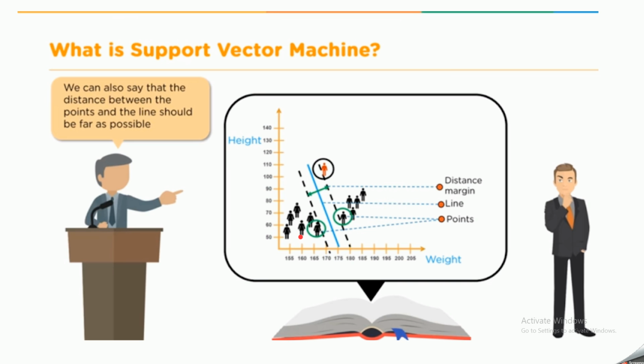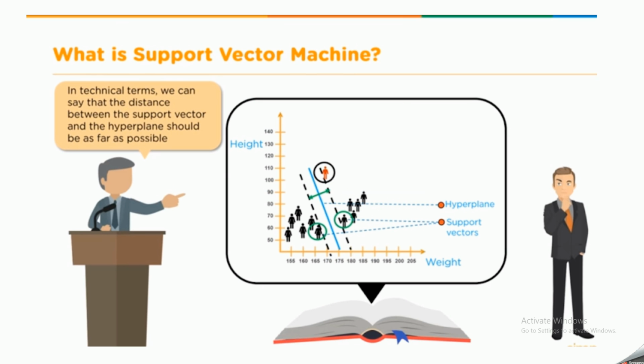I will be using these terminologies from now on: line, distance margin and data points. The line, to be precise, is called your hyperplane, and the data points in support vector machine are called support vectors.